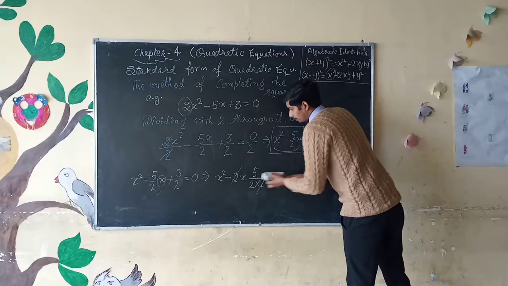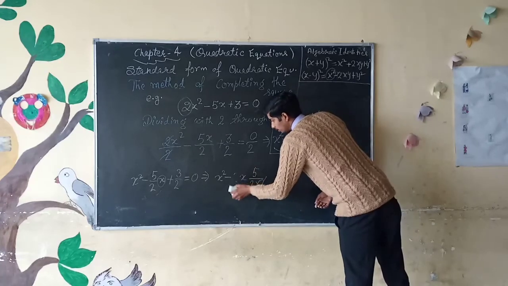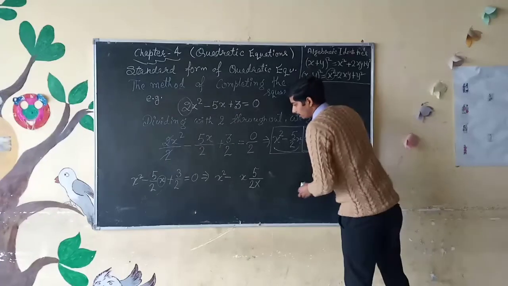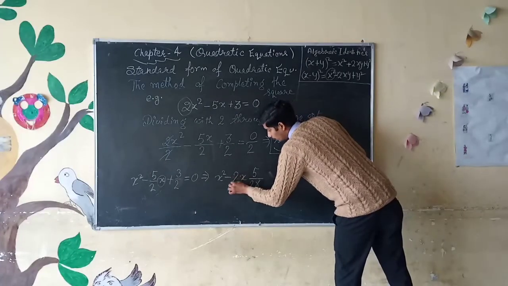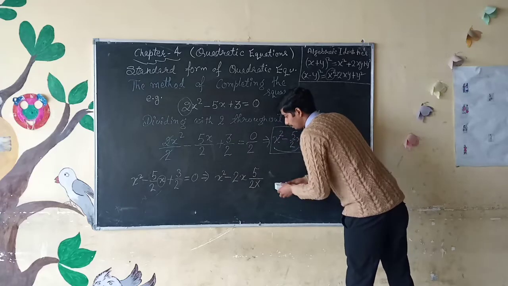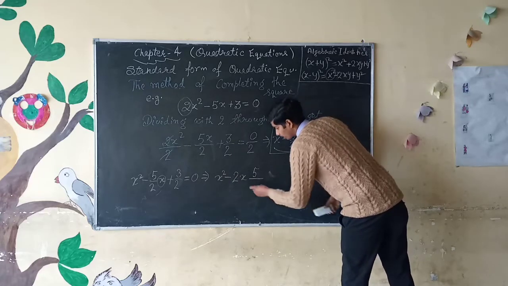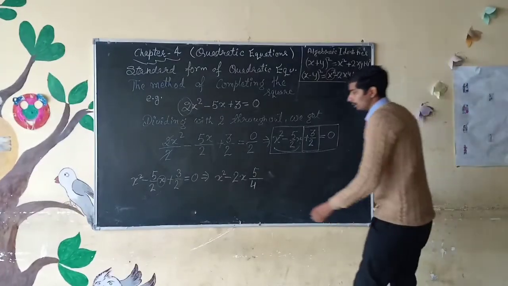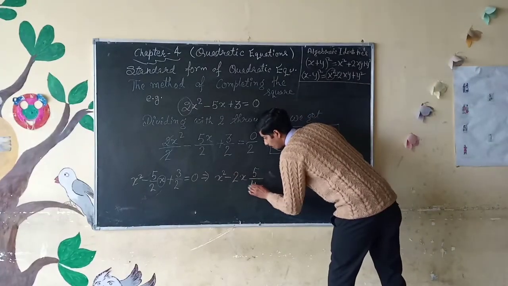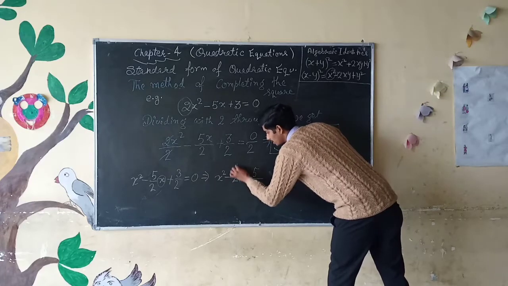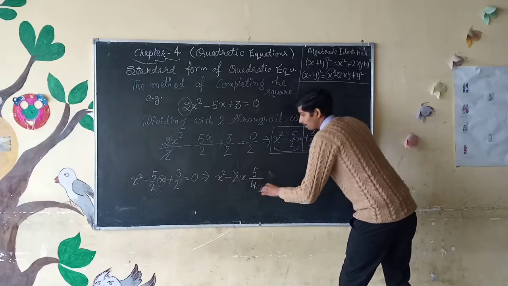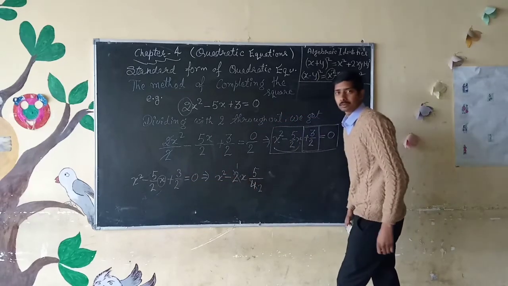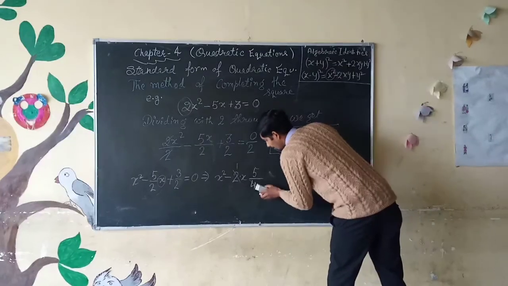It means to make the identity here, how can we write? We will write here 2 2s are 4. Can I write it? If I divide this 4 by 2, we get 2 1s are 2, 2 2s are 4, and that becomes 5 upon 2 x. Clear? So we will write here.